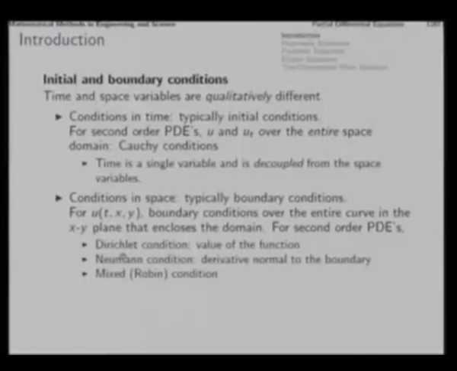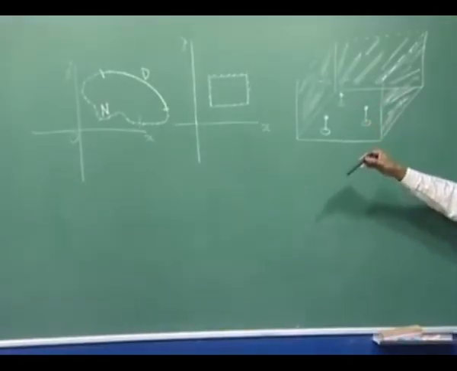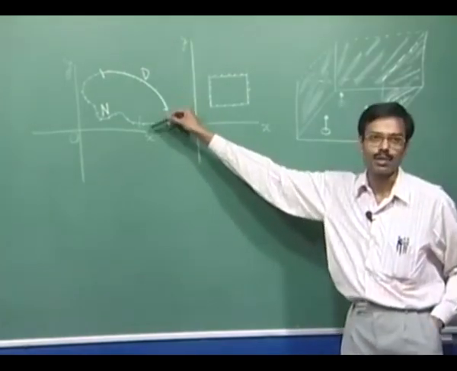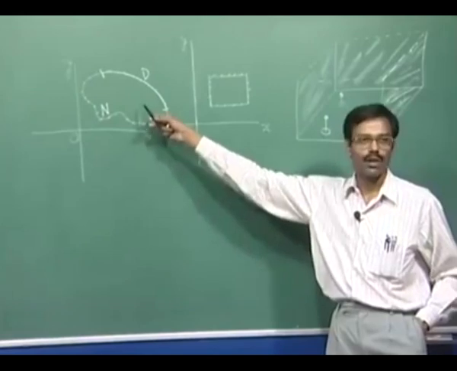A special class of Neumann condition is the homogeneous Neumann condition, when you say that the derivative across the boundary, that is, the directional derivative along the normal to the boundary, is 0. In that case you basically say that there is no flow across the boundary.